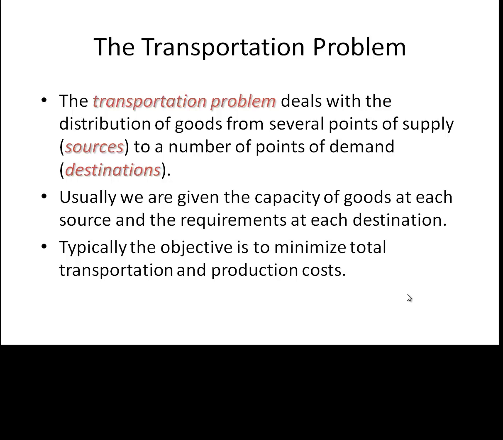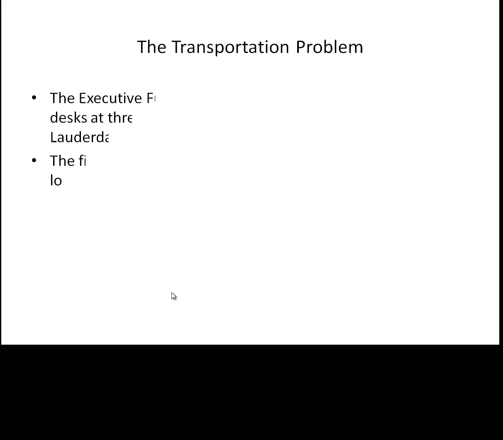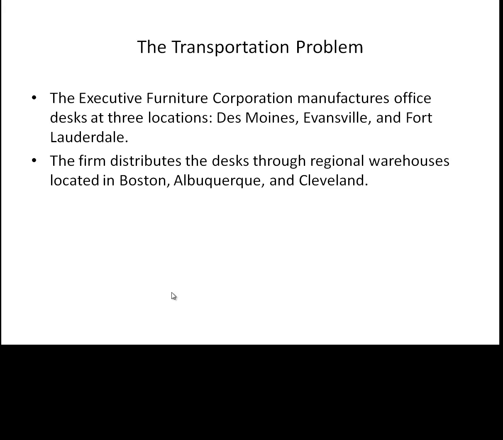On one side, we're going to be given our supplies, and on the other side, our demand. And in this case, our goal is to minimize cost. So let's look at an example to show our point.